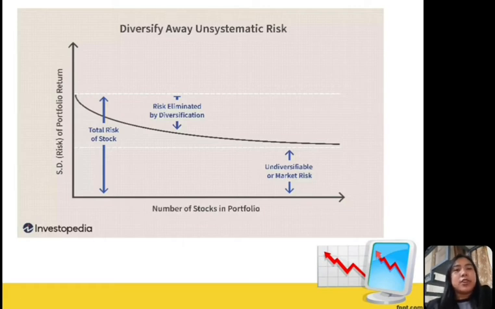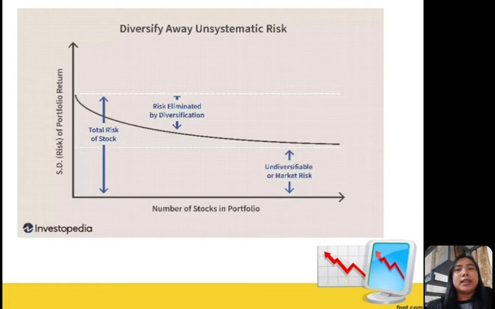So in this figure, you can see that in the x-axis, we have the standard deviation or risk of portfolio return. And in the y-axis, the number of stocks in portfolio. So as the number of stocks in portfolio increases, the risk is being eliminated because of diversification.